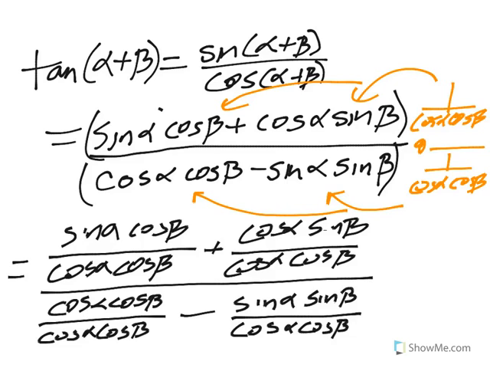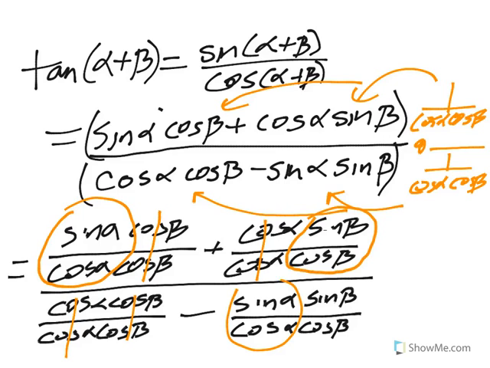And at first glance you're like, what the heck? Why would you go through all this mess? But then you go, oh, well, that's 1, and so's that, and so's that and that. So that's quite a lot of 1s. And then there's tangent alpha, and there's tangent beta, and there's tangent alpha times tangent beta.